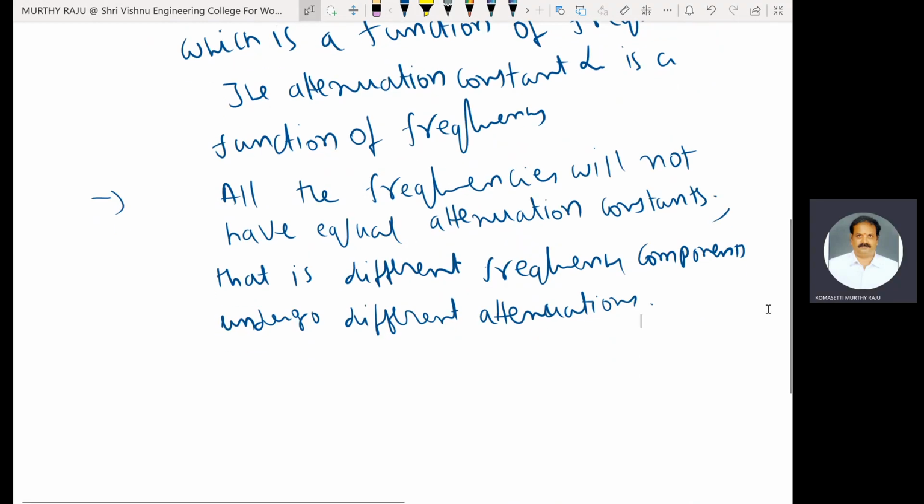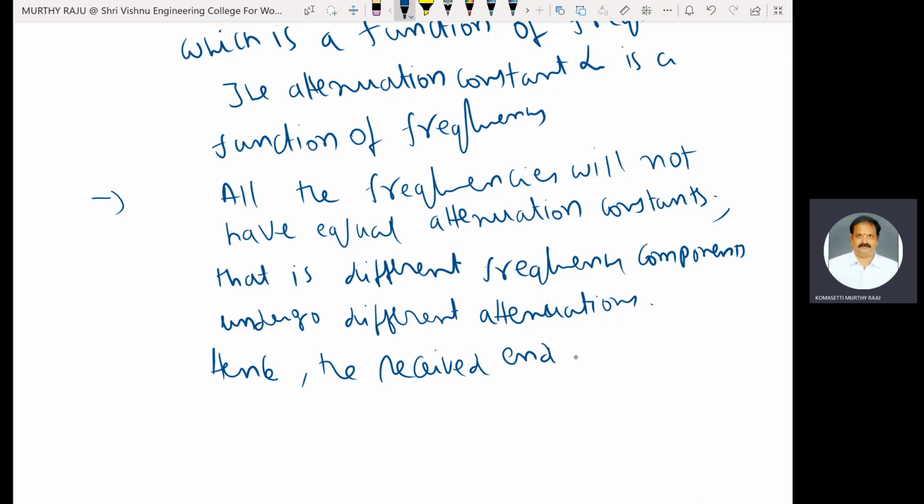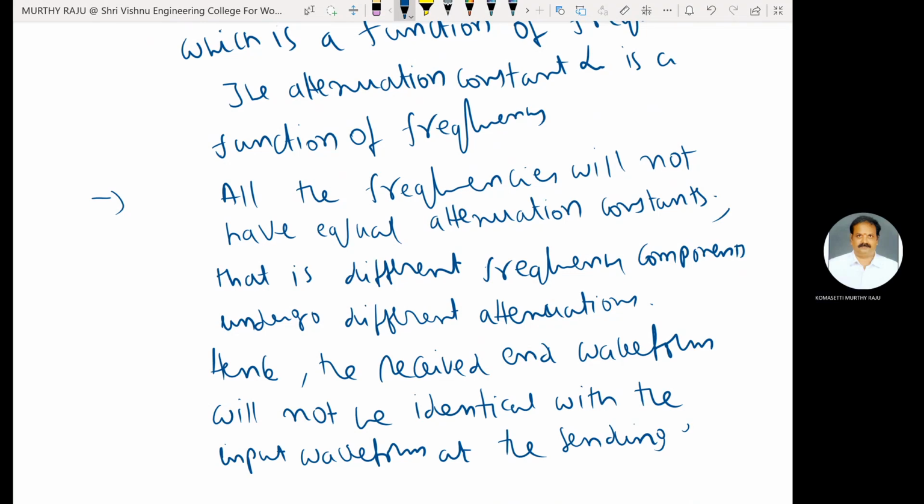Hence, due to the attenuation of that signal, the received end waveform will not be identical with the input waveform at the sending end.